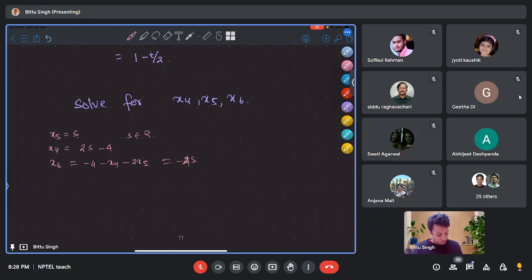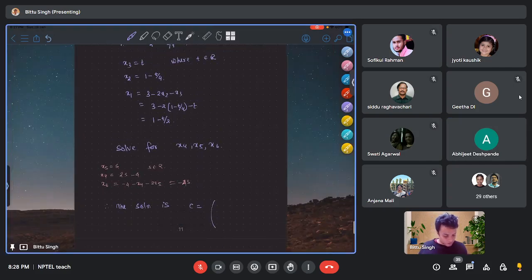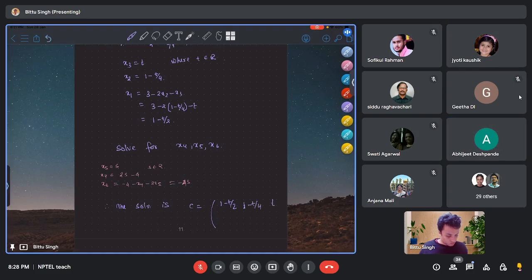So therefore the solution is, what will be the matrix? x1, x2, x3 are 1 minus t by 2, 1 minus 3 by minus 4t by 4, 1, t, minus t by 4, t, t.